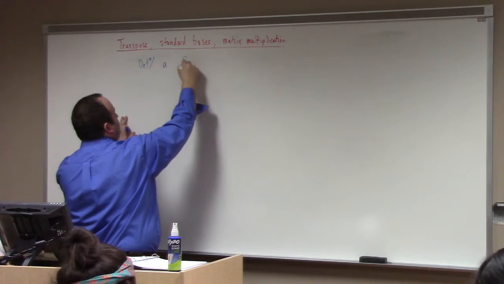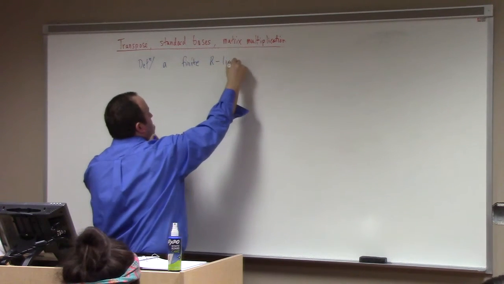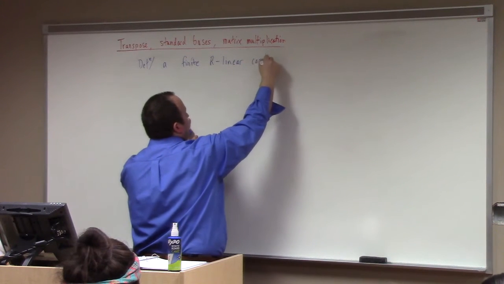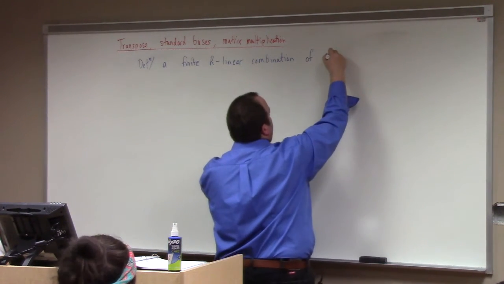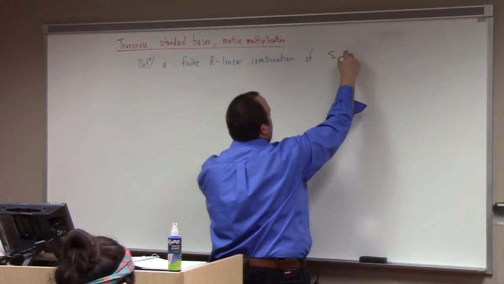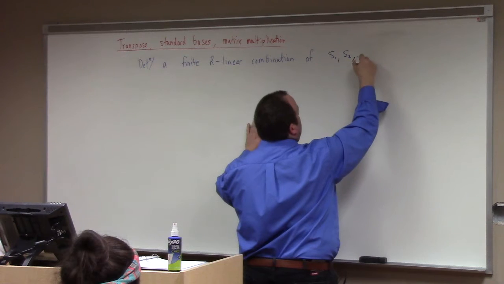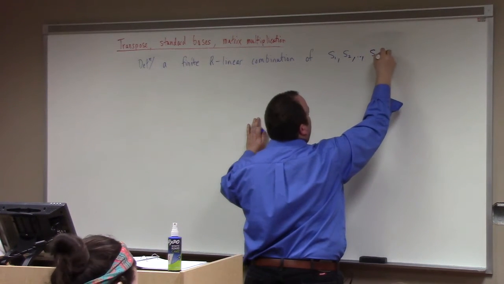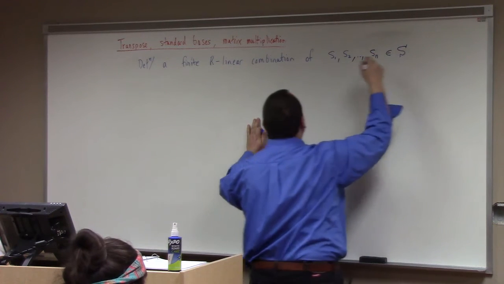A finite R-linear combination of, let's say, S1, S2, through Sn, and suppose these are just elements of some set of objects S, all right?